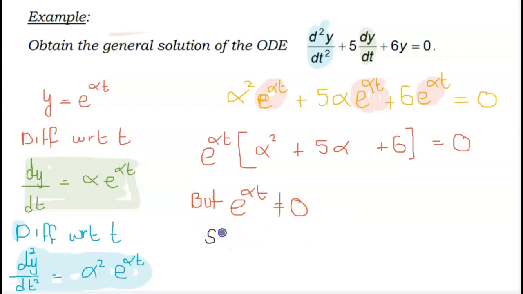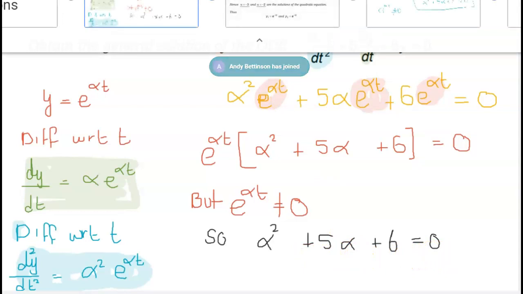So in that case, alpha square plus 5 alpha plus 6 equals 0. Now if you have a look, this looks like a quadratic equation. Now we are going to solve the quadratic equation.